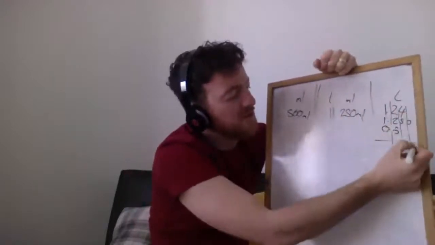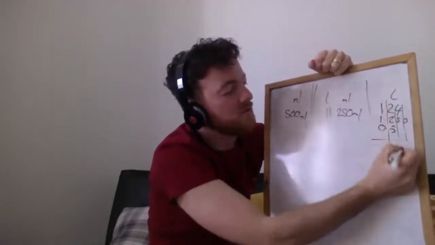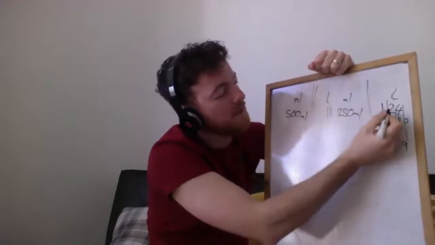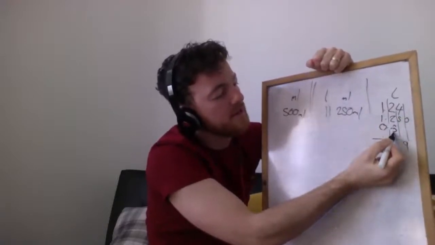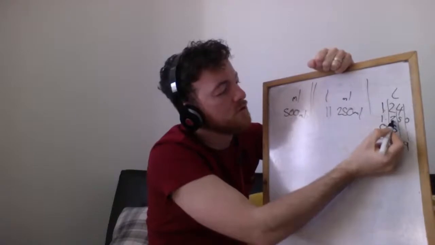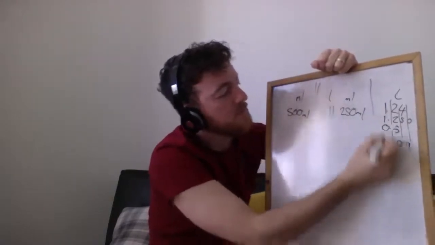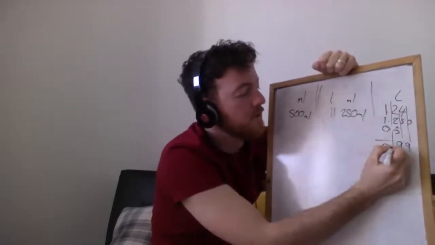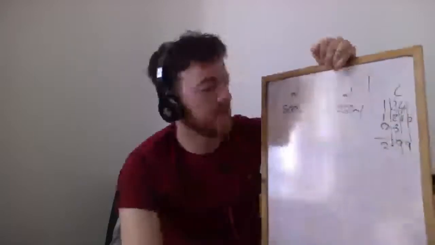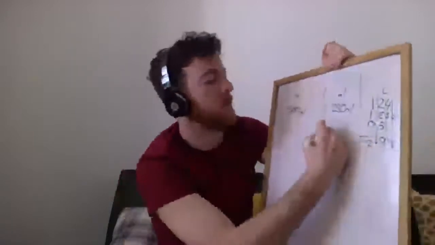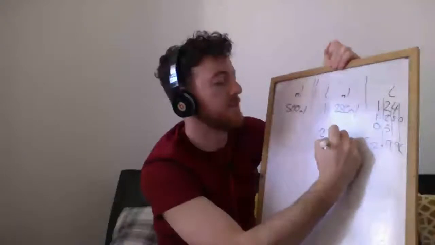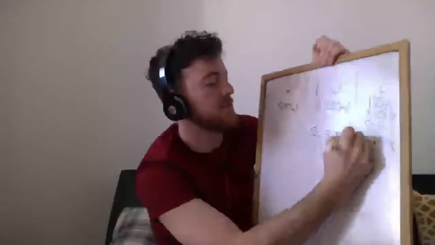So nothing in that last column. Don't need it. 4 and 5 makes 9. Then that's where I went wrong last time. I added in this bottom 5 and I shouldn't have. 2 and 2 is 4 and 5 makes 9. And 1 and 1 makes 2. 2.99 litres. And then that would be the same as 2 litres, 990 mils.